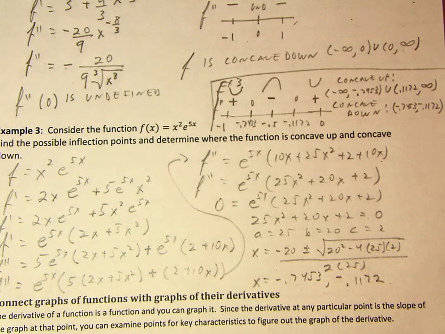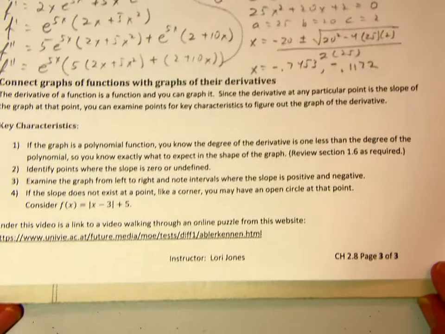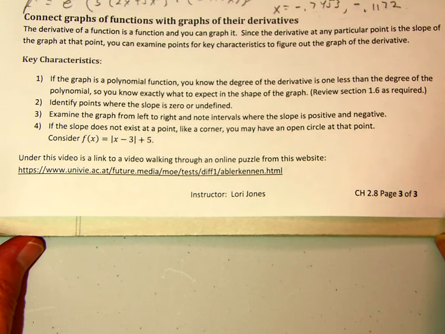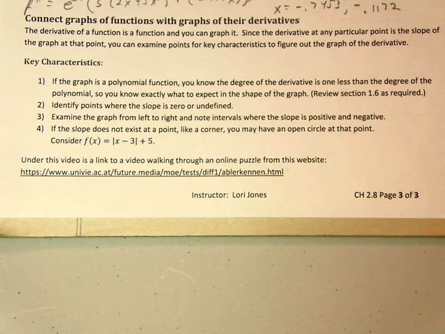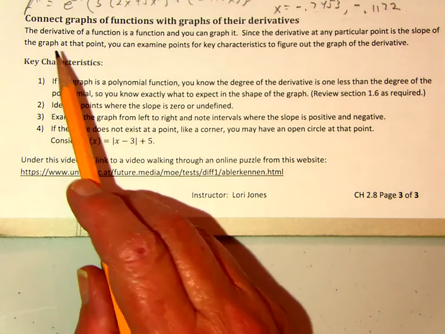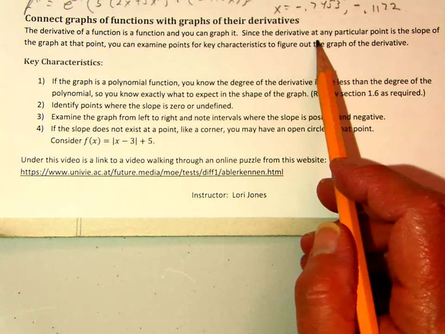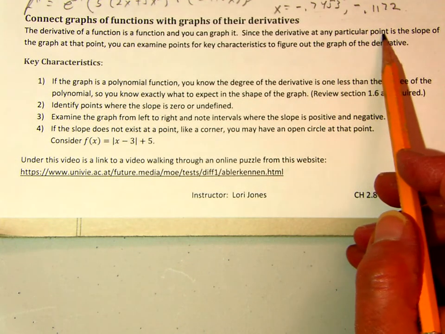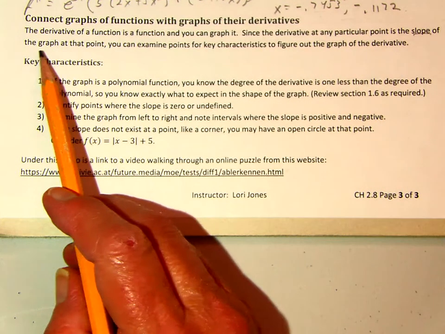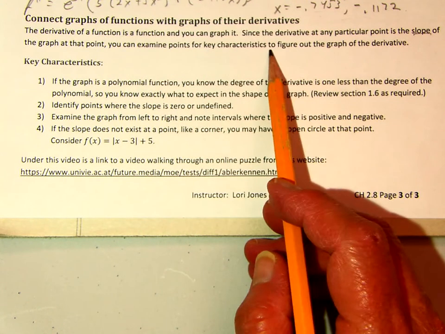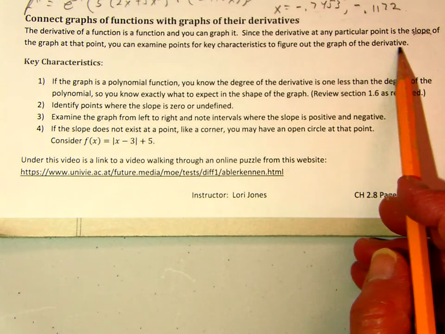One more thing to look at for this section. We want to connect graphs of functions with graphs of their derivatives. The derivative of a function is a function, and you can graph it. Since the derivative at any particular point is the slope of the graph at that point, you can examine points for key characteristics to figure out the graph of the derivative.